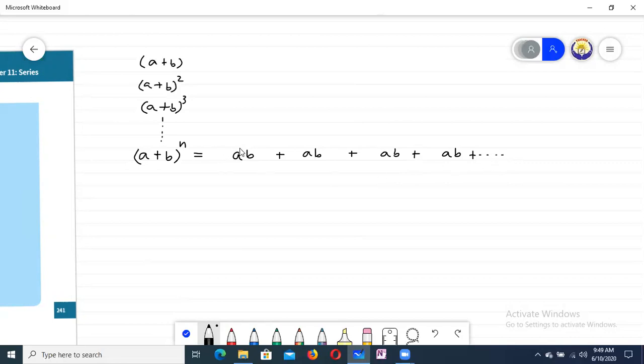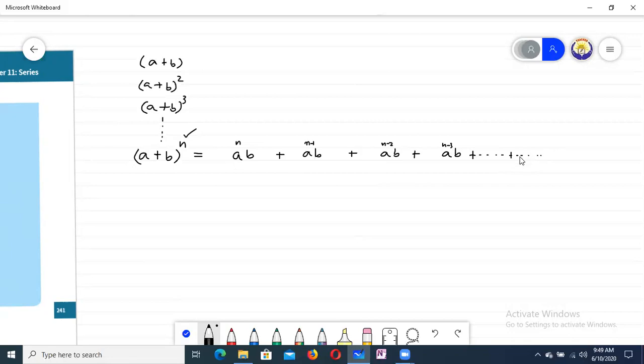Now here, as the power is n, degree n, we will start the exponent of a from n and decrease gradually by 1. Here will be n minus 1, here n minus 2, here n minus 3, and so on.